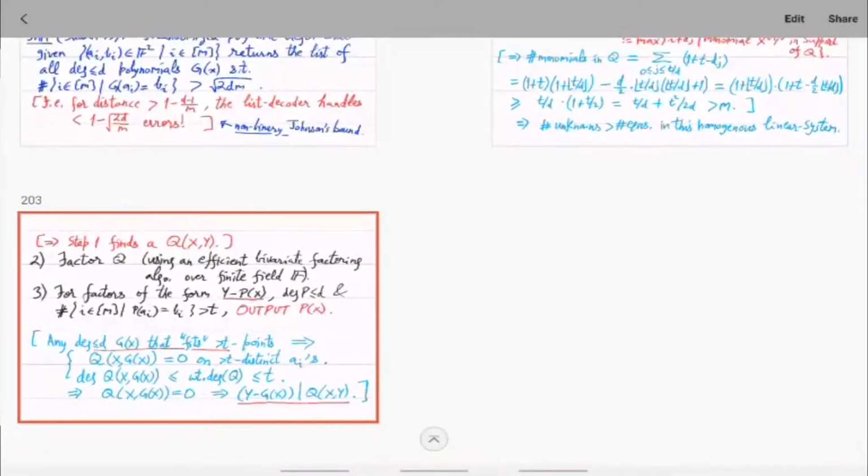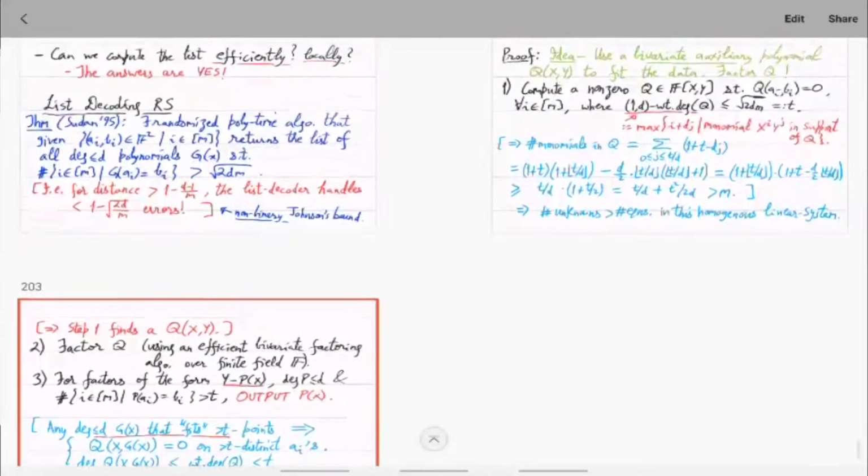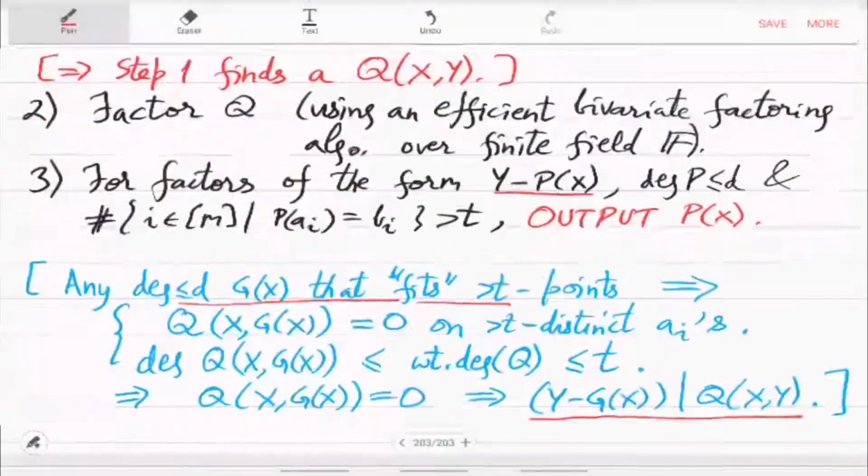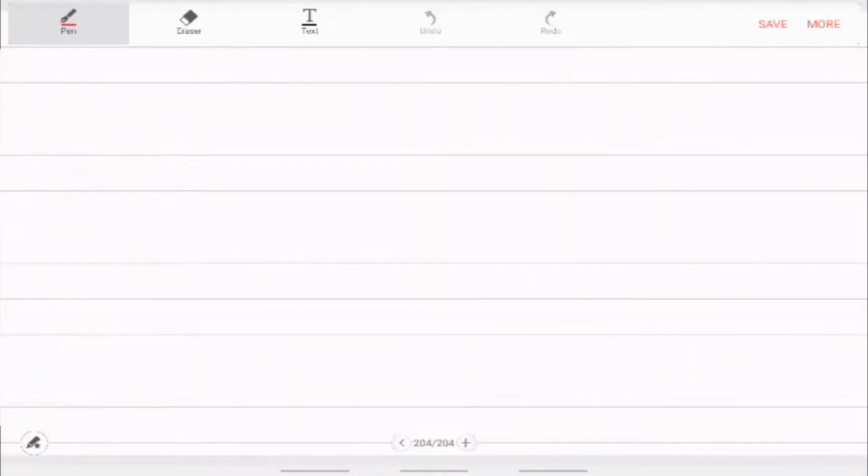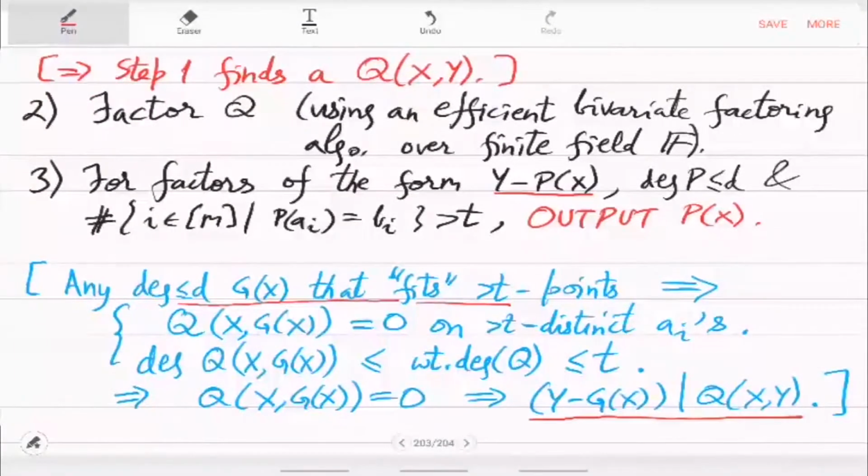The list will be small because this whole algorithm is a polynomial time algorithm. So automatically the list is small. So that finishes the proof.